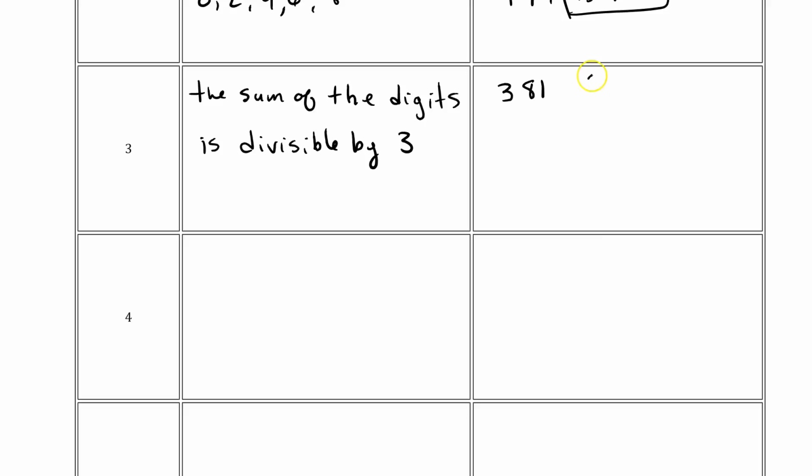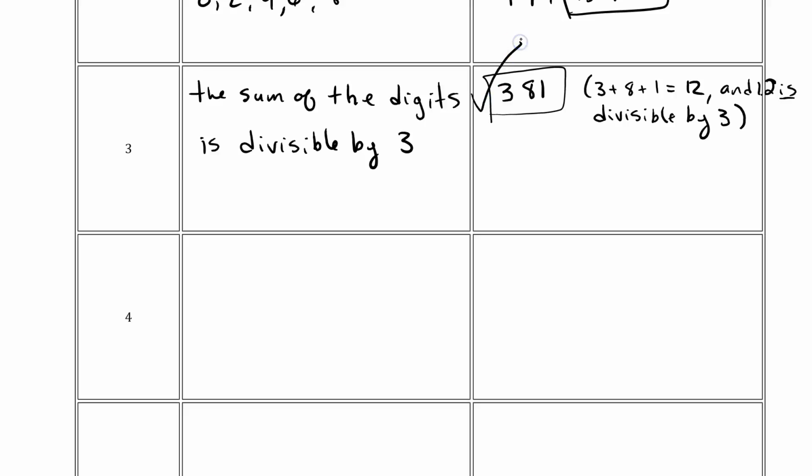So 3 plus 8 plus 1 equals 12, and 12 is divisible by 3. So we know that 381 is divisible by 3.